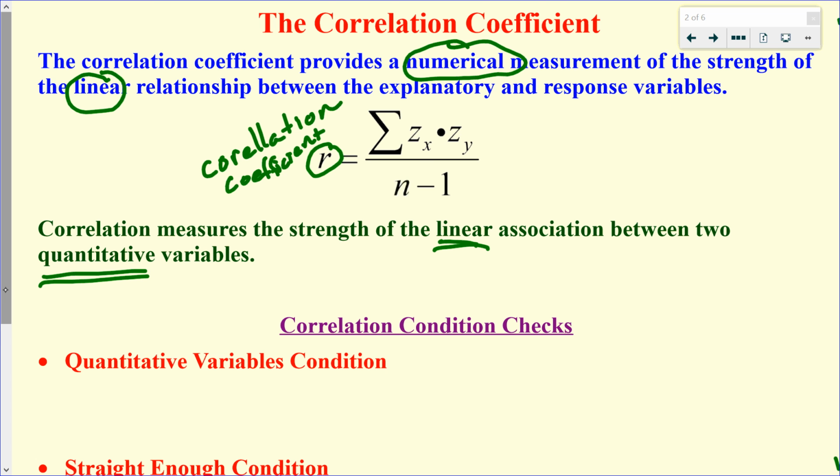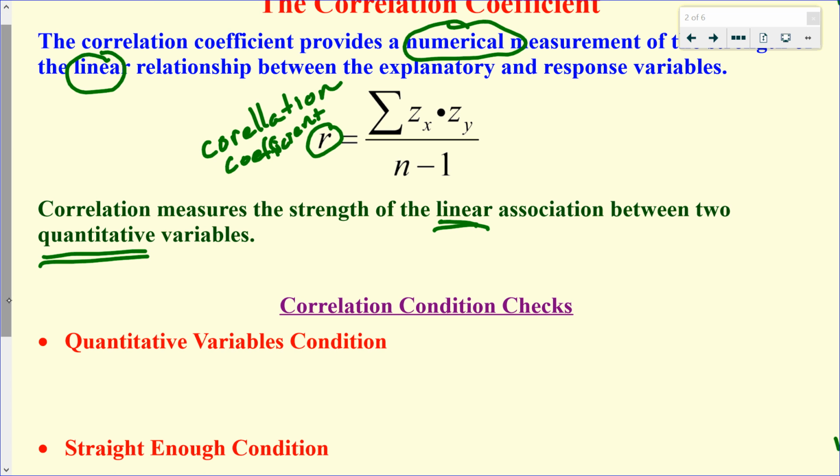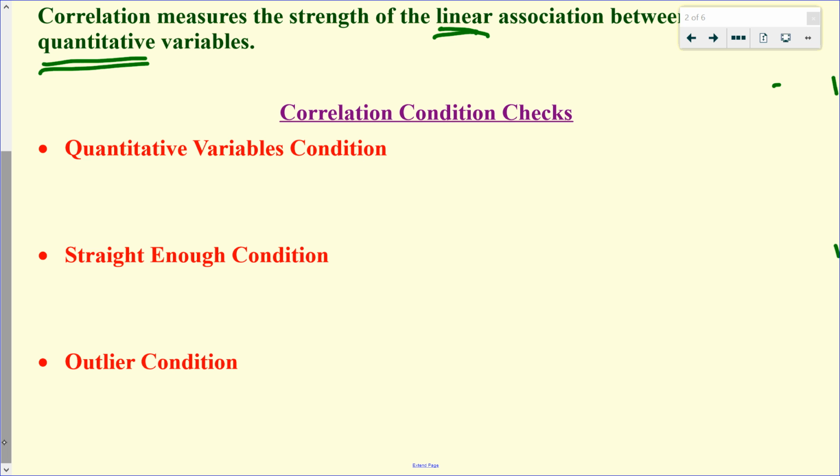So at this point, we've only been saying association, and we need to only be saying association, backtracking from what we did earlier this week. If we're going to use association, we are going to have to do a correlation condition check before we can use the idea of correlation.